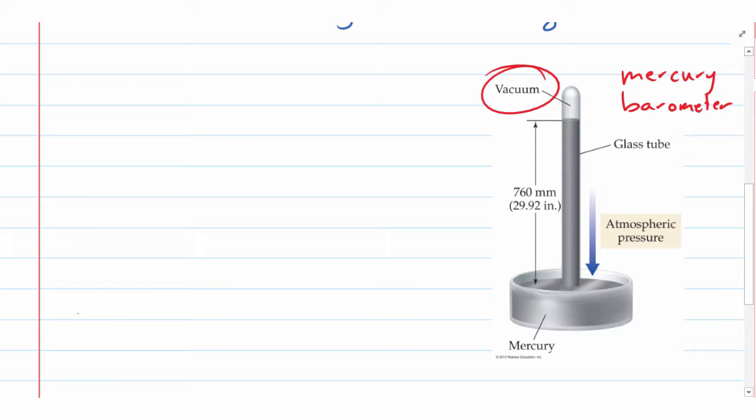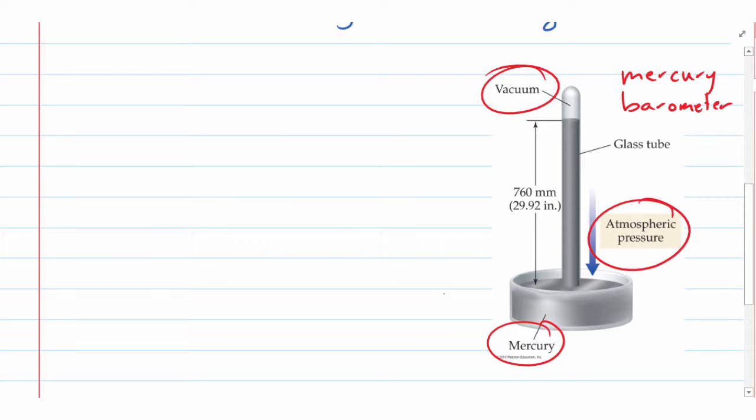Basically, we take a tube, and we create a vacuum in it, and we place it into a pool of mercury. Once we place it into a pool of mercury, if there's a vacuum up there, what happens to the mercury then in that tube? Yeah, it goes up. And actually, when we talk about gases, we should never talk about them sucking. We should say that the reason why the mercury winds up going up inside of this tube is because what happens?